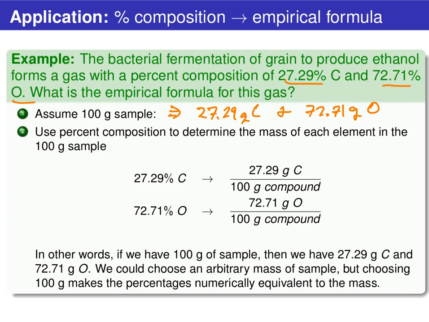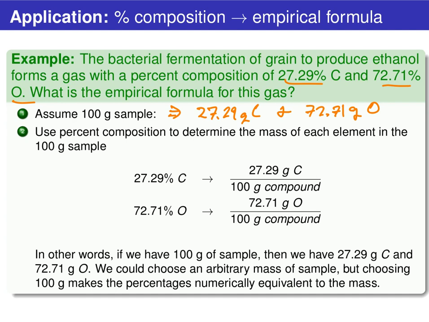So under this assumption of a 100-gram sample, we have the mass of each of carbon and oxygen. And now in our second step, we're going to use percent composition to determine the mass of each element in the sample.